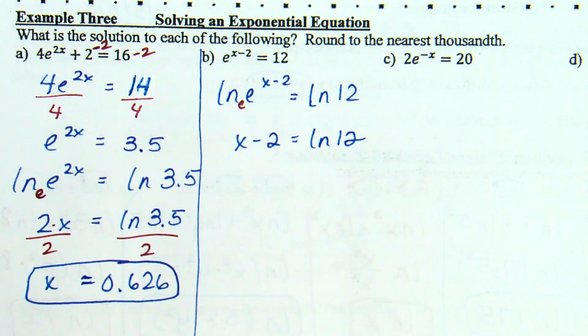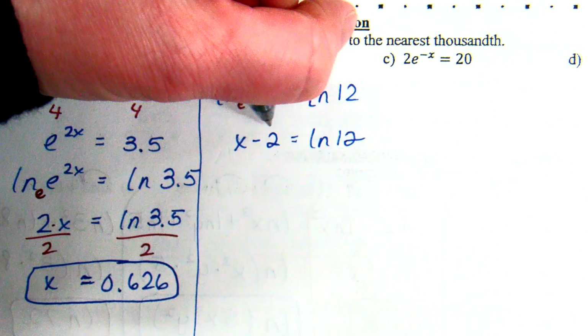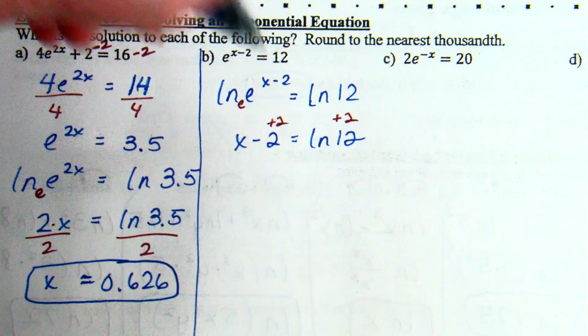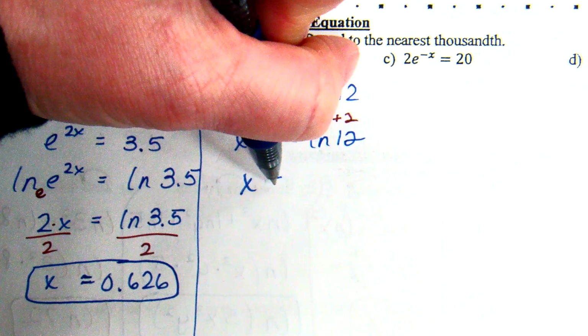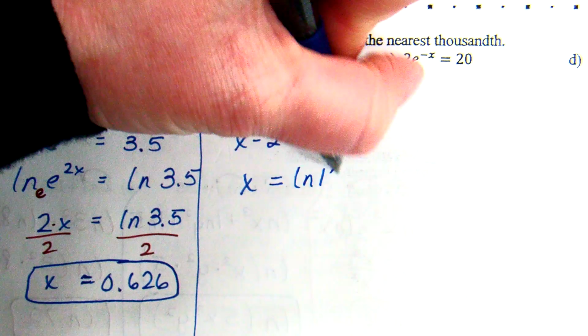So I have x minus 2 equals the natural log of 12. If it's x minus 2, we're going to add 2. If I add 2 on one side, add 2 on the other side. x equals the natural log of 12 plus 2.